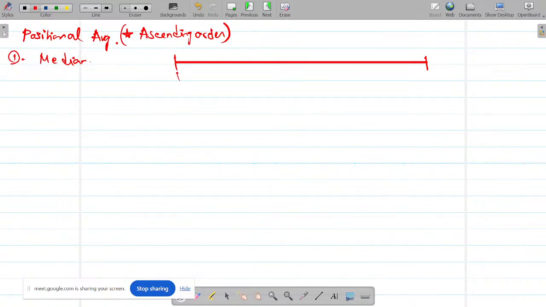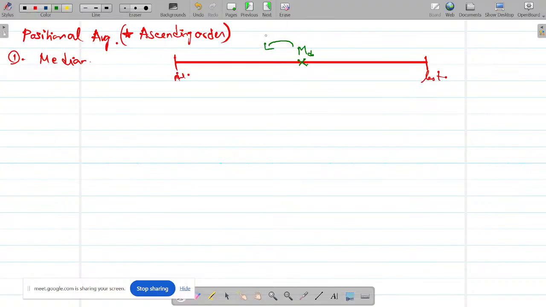So if this is the first position, this is the last position. Where will the median lie? Exactly at the 50% half. See whether my marking is right. The normal term for representing median is M and D.